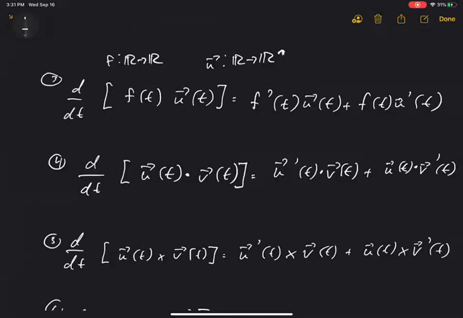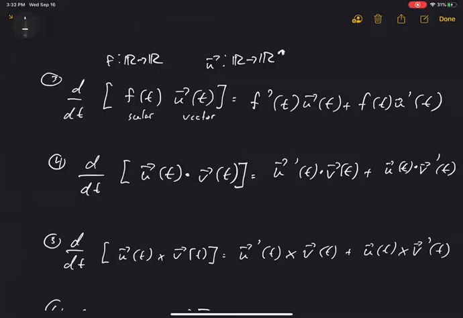And again, n is usually 3, but let's just leave it as n for now. So that's the only thing unusual about this. We have one function from R to R. I plug in a number into this and I get a number out. So this is a scalar. The output of that function f is a scalar. And then I have a vector valued function, so that output's going to be a vector.